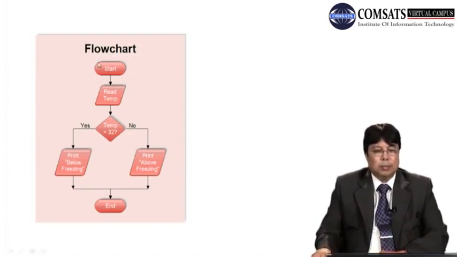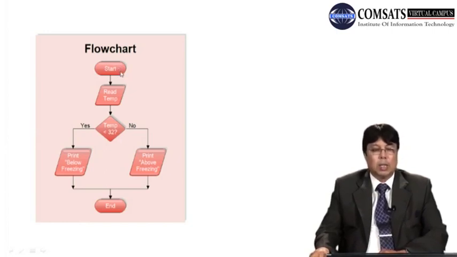Start symbol. It is slightly modified by people. What I showed you was a rectangle, but here both its sides are circular. So you can use it. This is again a slight modification in this symbol. Start your program, start your flowchart.